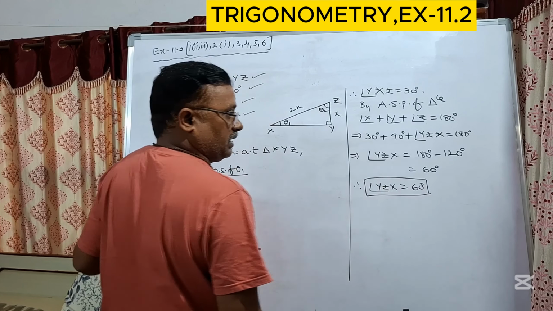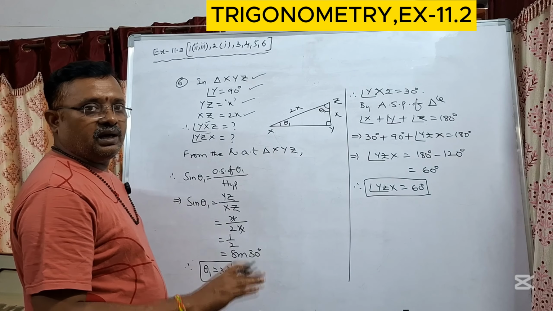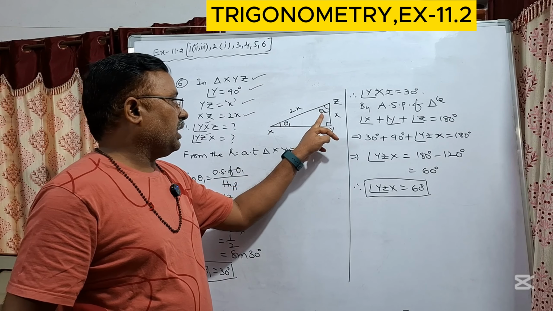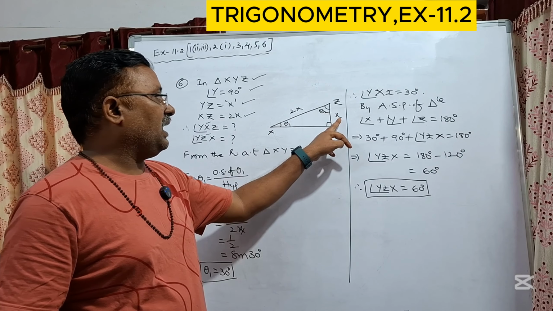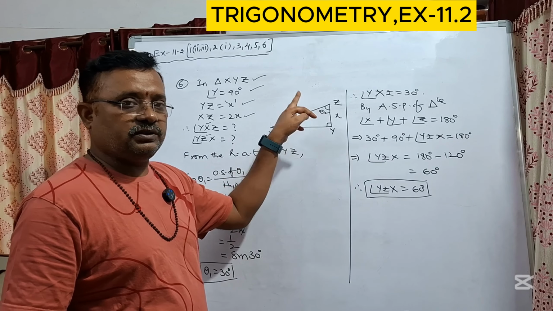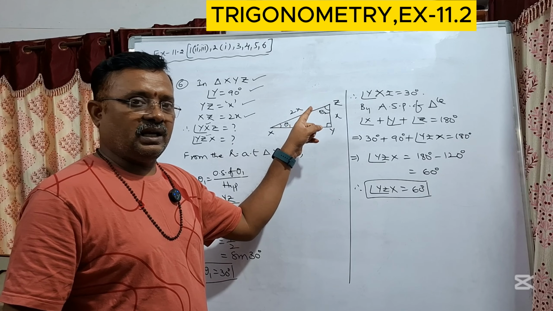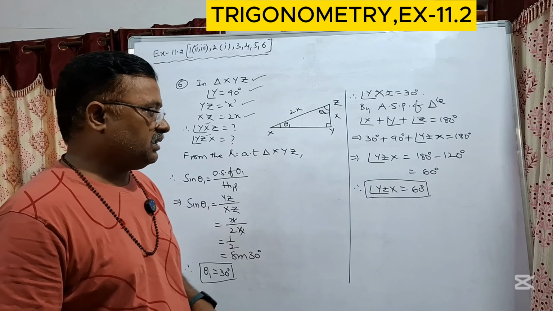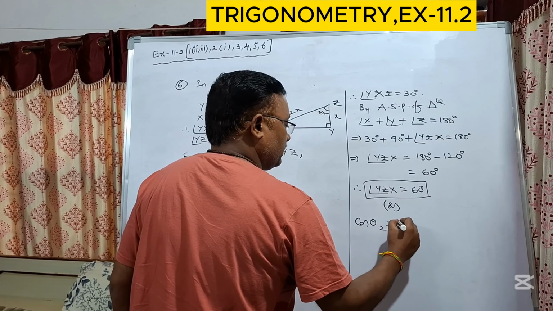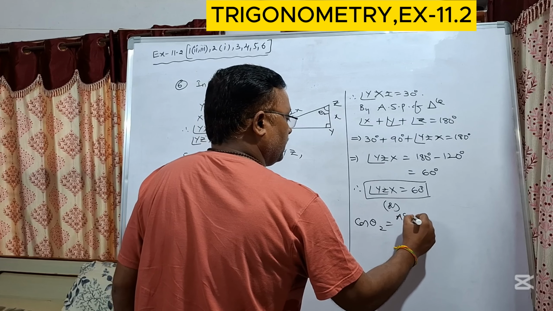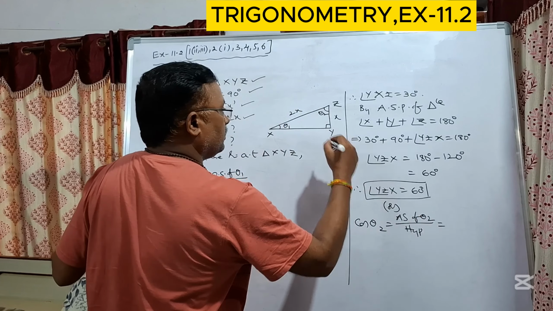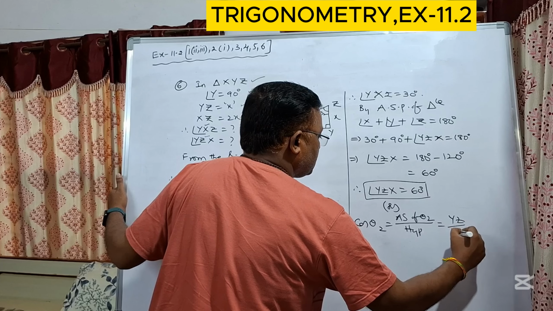In this model, you can calculate by applying the angle sum property. Another model is also there. What is that one? Since we want theta 2, its adjacent side we know, and its hypotenuse we know. Since we know the required angle's adjacent side and hypotenuse, you apply cos theta 2 is equal to adjacent side of theta 2 by hypotenuse, which is equal to YZ by XZ.